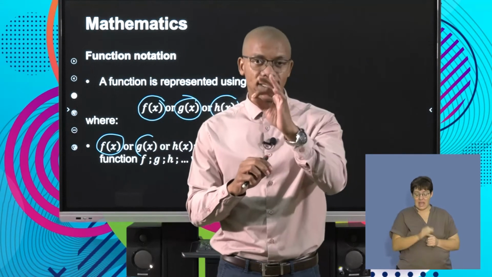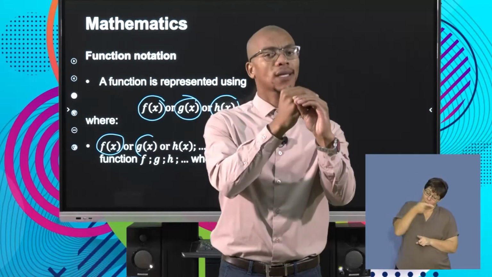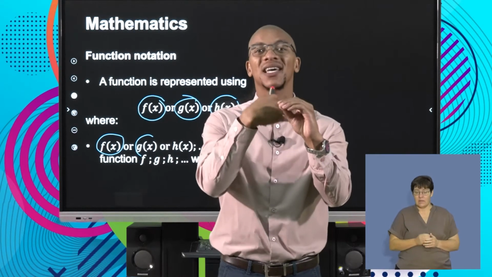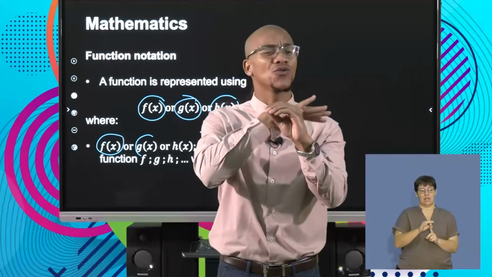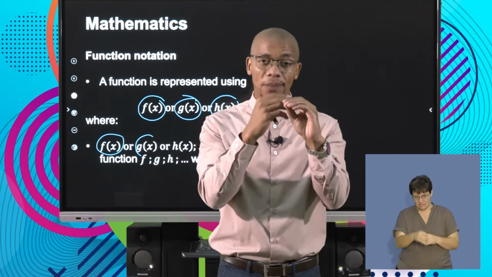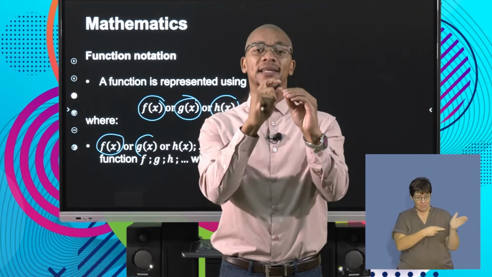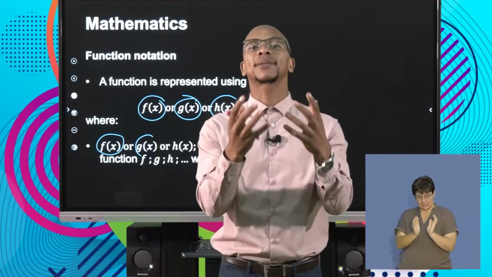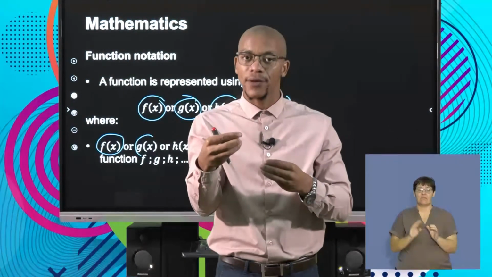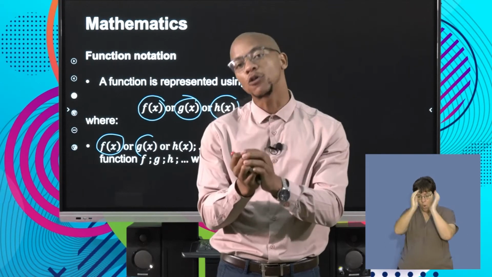So you need to understand this. F of x means that f is the label of the function that you are talking about. Not that it means a specific type of function. No, it can be any function that you have. It will be labeled as f of x. So the f represents the label, and then the x inside the bracket represents the input value. And then the whole f of x represents the output value.